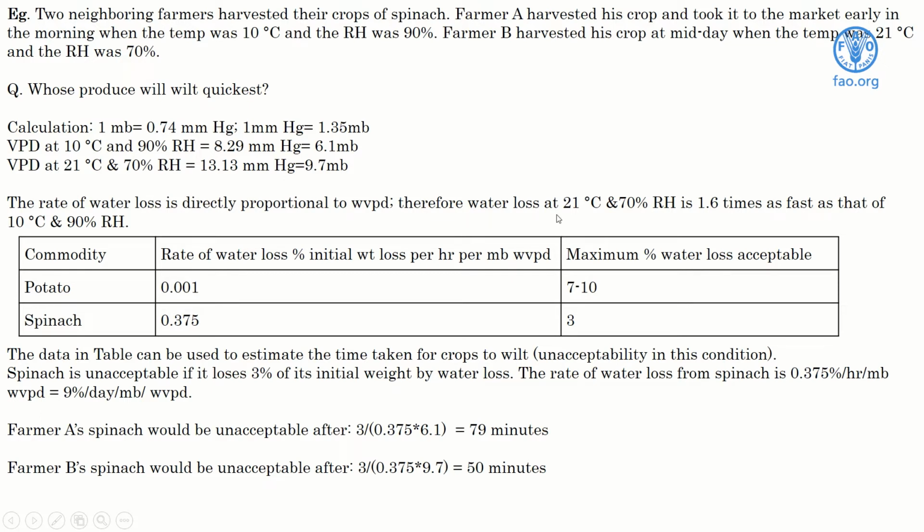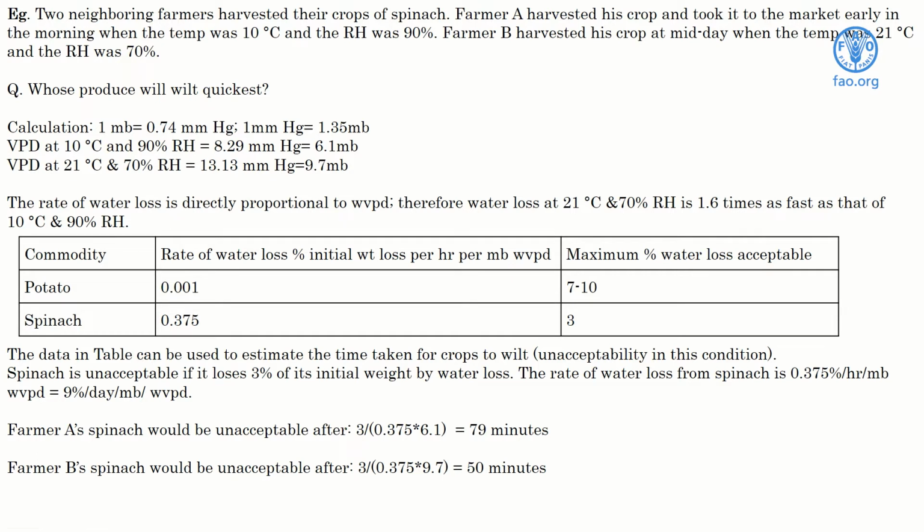Therefore, water loss at 21 degrees Celsius and 70% relative humidity is 1.6 times as fast as that of 10 degrees Celsius and 90% relative humidity. To obtain this, you just divide 13.13 by 8.29, or 9.7 divided by 6.1, and it becomes 1.6 times as fast.